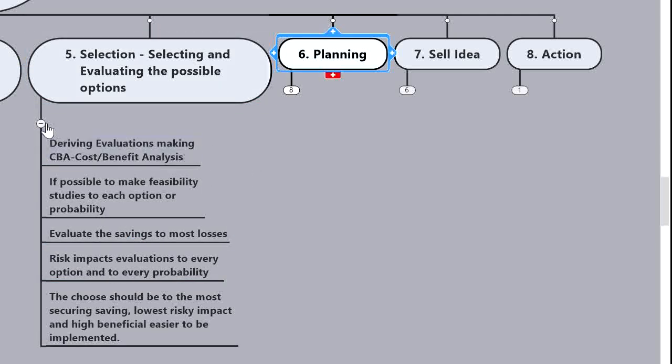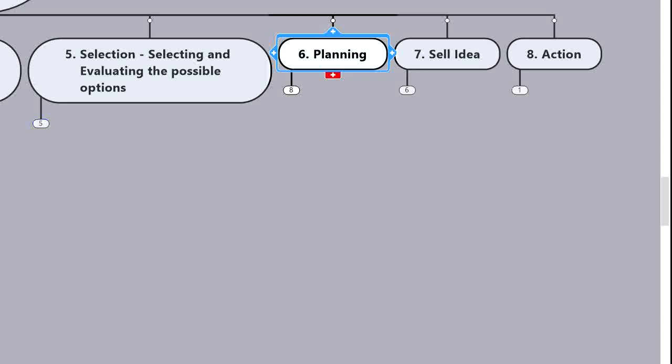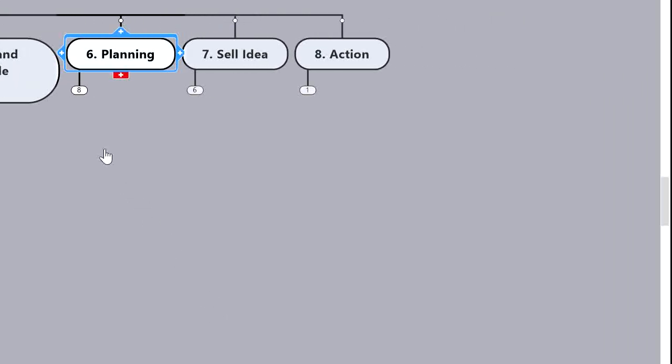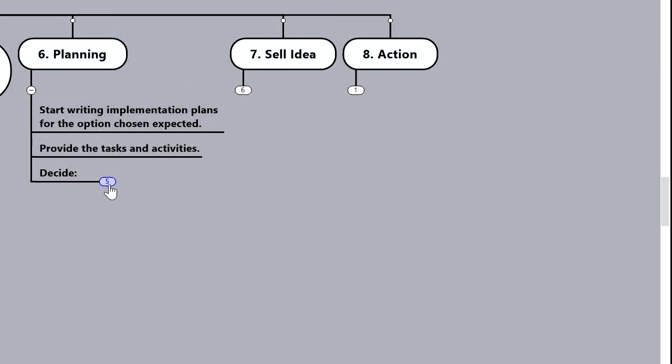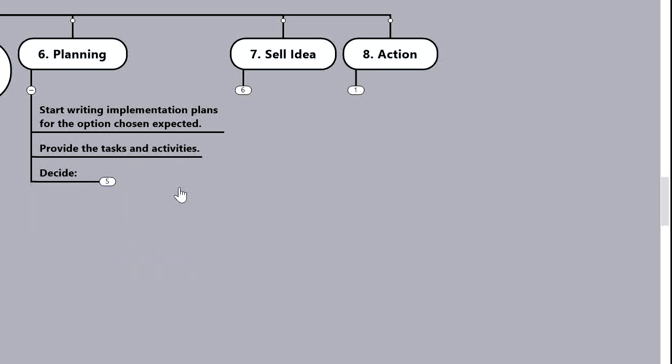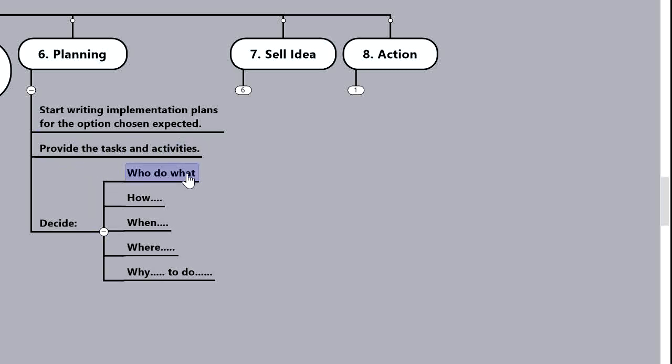We come here to the next phase of the planning, and here we work on some aspects. Start writing implementation plans for the option chosen, provide the tasks and activities, and decide who does what, how, when, where, and why.